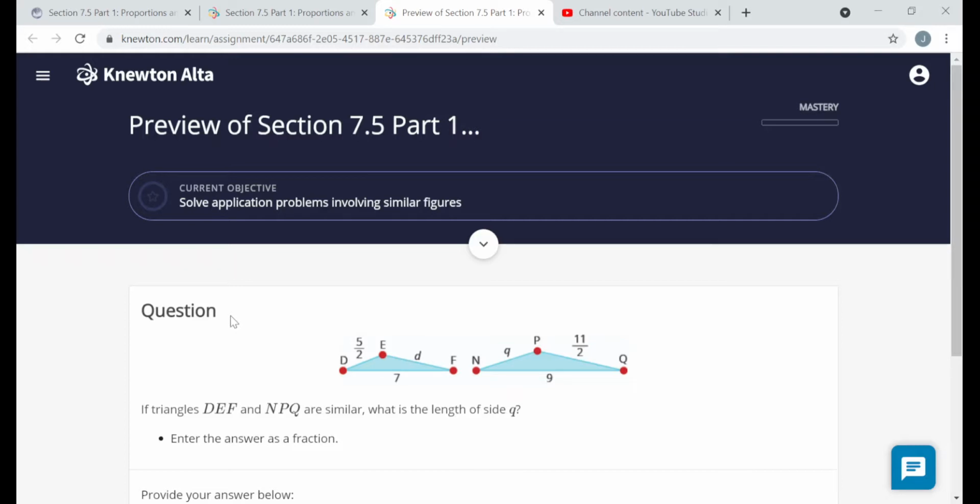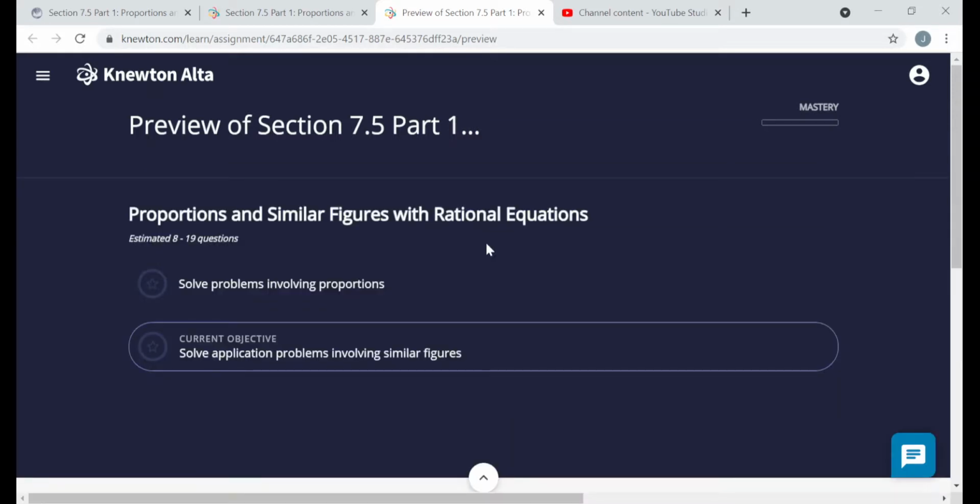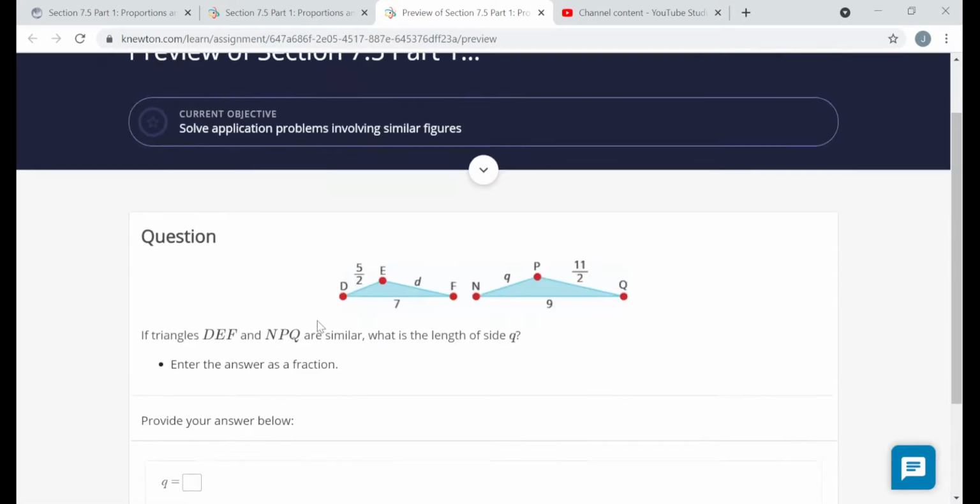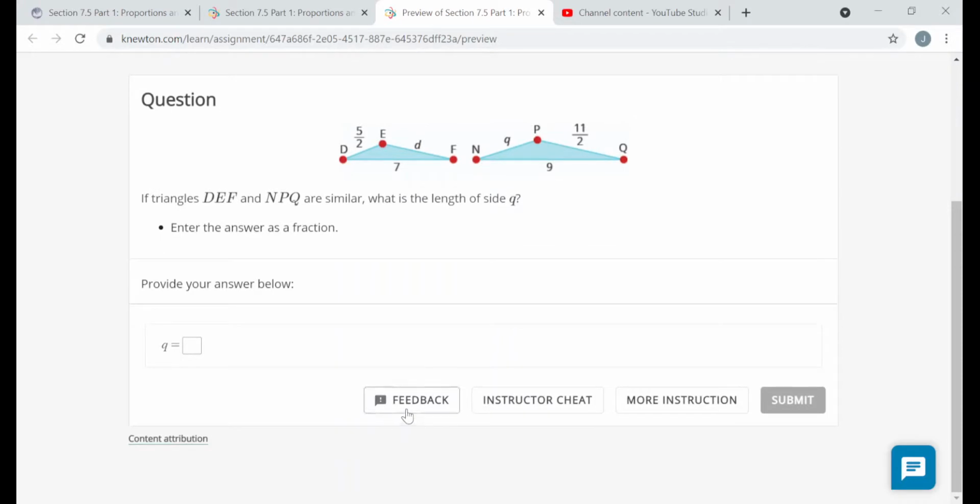So here's the assignment page. Again, you will not see the words preview of. You'll just see the title of the homework assignment, the mastery bar telling you how far along you've gotten. You have the objectives here. There are 2 objectives in this assignment. And then every question should have at the bottom a feedback button to send feedback to Knewton if you want. You will not see the instructor cheat button.